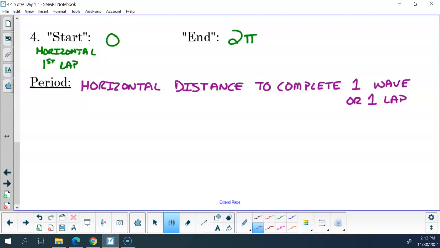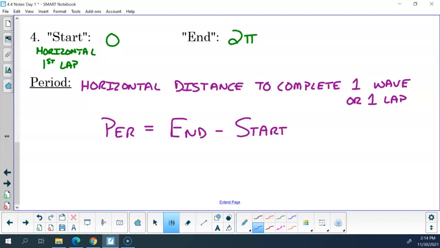We can easily find the period by taking our end angle and subtracting off our start angle. So the period is always end minus start.